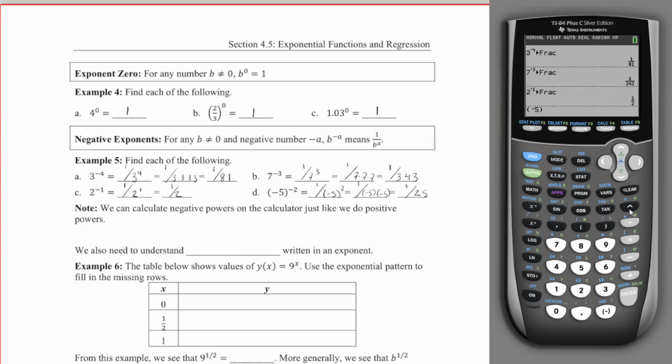Negative 5 to the negative 2, give me that as a fraction, that is indeed 1/25.